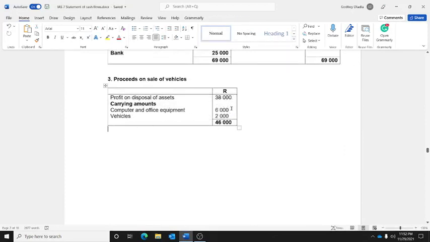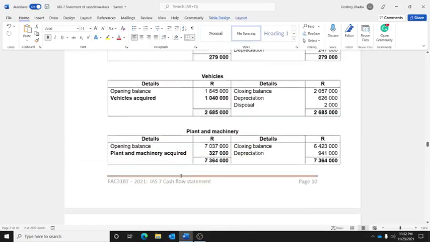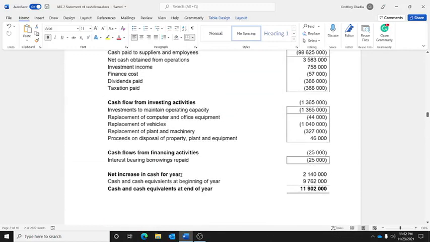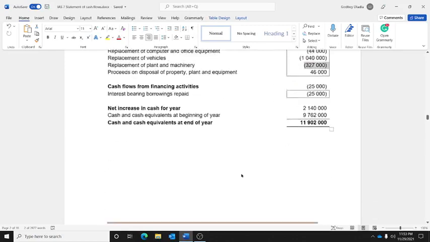The carrying amounts are 6 and 2. That will give us 46,000 that was paid as proceeds for the sale of these assets. Okay. Right. Then we go to this one is sorted now. This is a receipt. You'll see it's not in bracket because we are receiving money now. Okay. Let's deal with this one, which is the last one under investing activities.